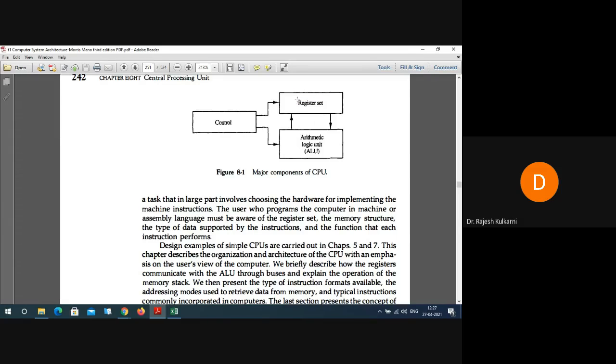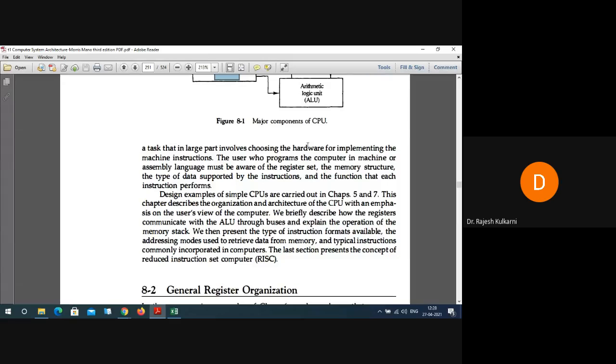The size of the word can be 16 bits or 32 bits or 64 bits, depends on the machine architecture. While the control unit will coordinate these operations, transfer of data and instructions, coordination of task execution with the help of buses.